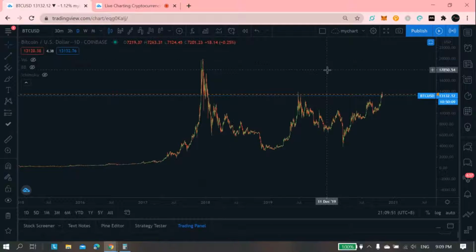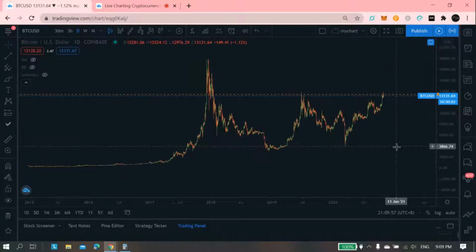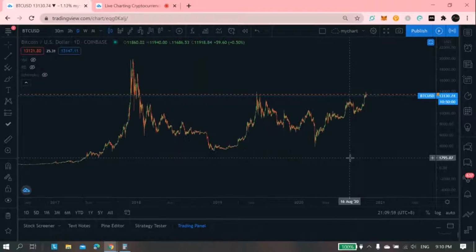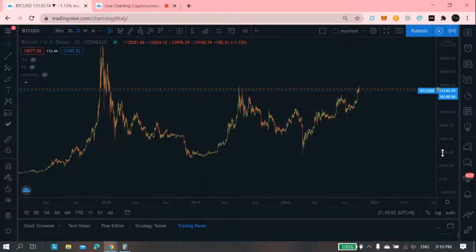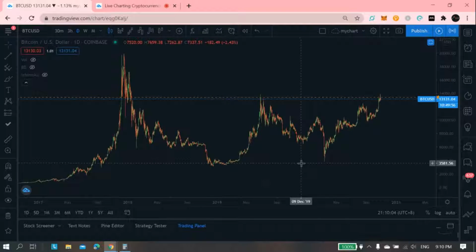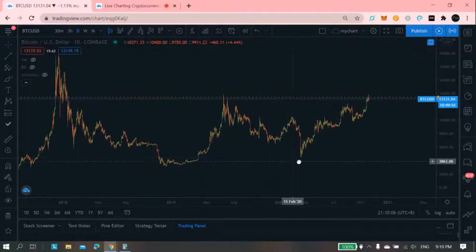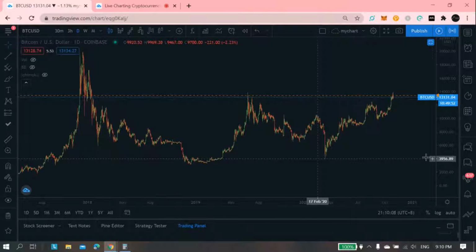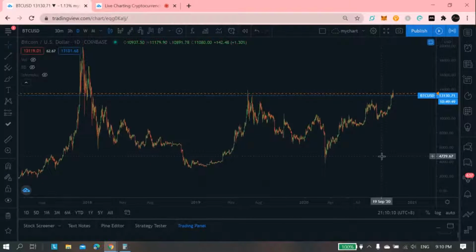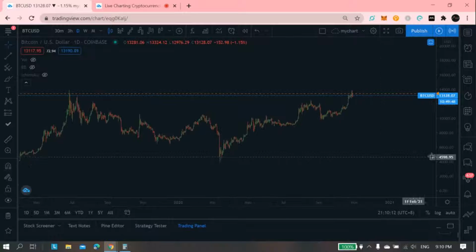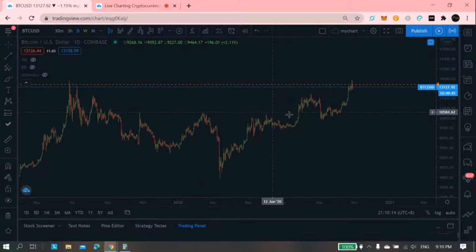So I use the divergence indicator, sometimes the Bollinger Band and the Ichimoku. But I think it's okay to have a free subscription as long as you're making profit. Just in my opinion, of course. That's the bottom line for us, to make profit.